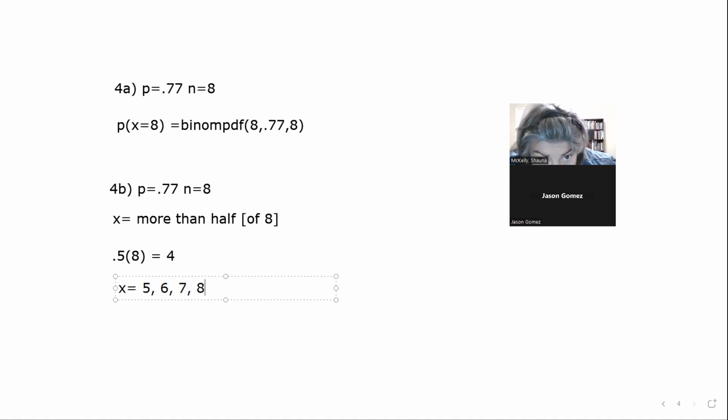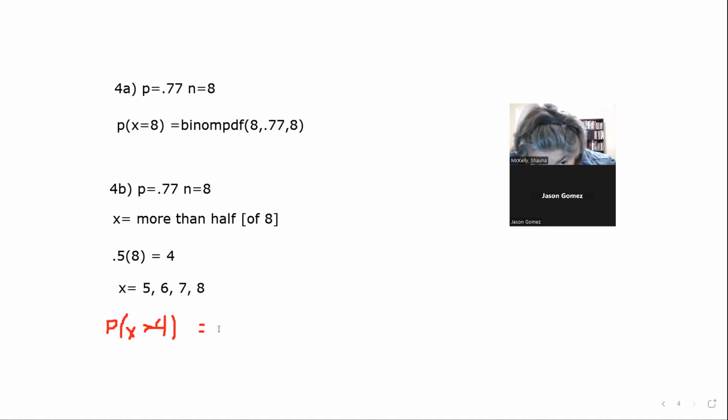If you wrote this out, you would say the probability that X is more than 4, greater than 4. Now, if we're starting somewhere other than 0, as we are, then we need 2 expressions.